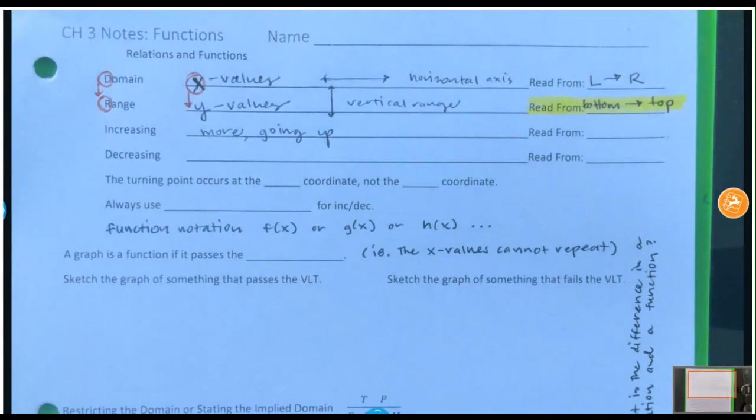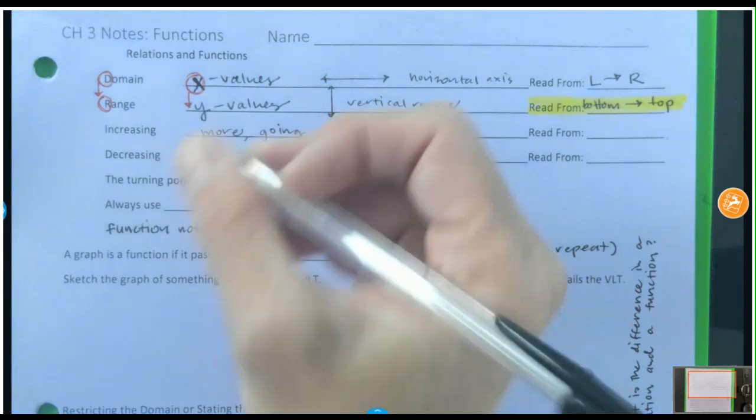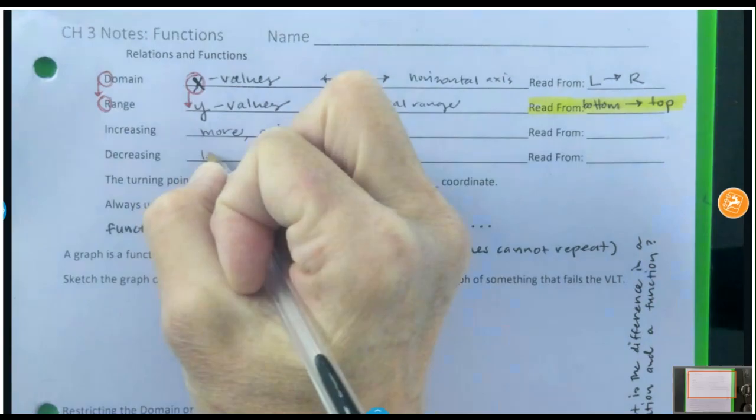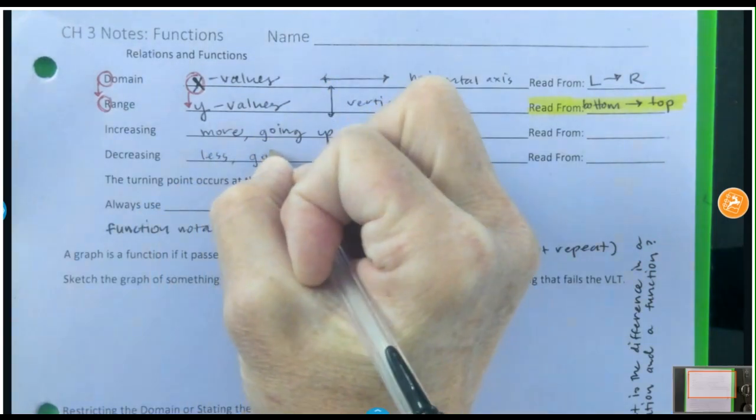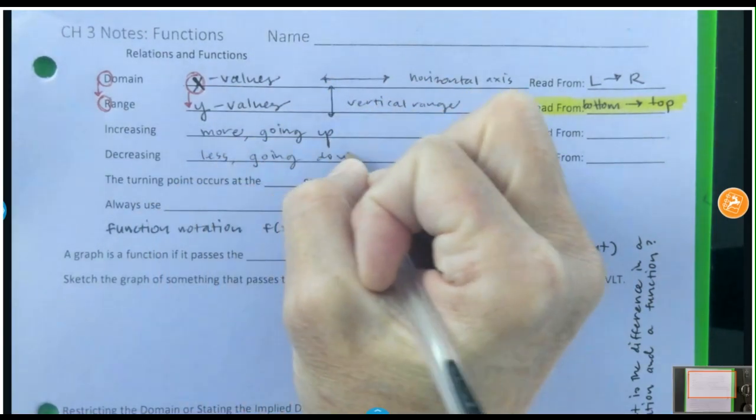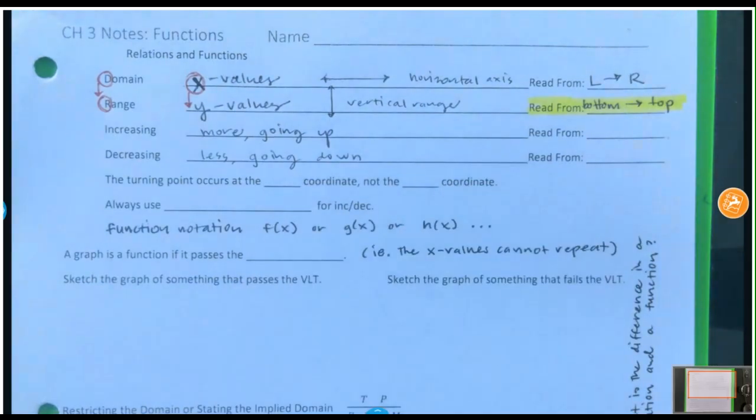Now, I thought he said north, but that would have been correct also. If something's pointing towards the north, it's increasing. If something is pointing towards the south, it would be decreasing. All right, so decreasing means less. It also means going down. Anybody want to add any words there for increasing or decreasing? We're going to talk about it in math. Yes.